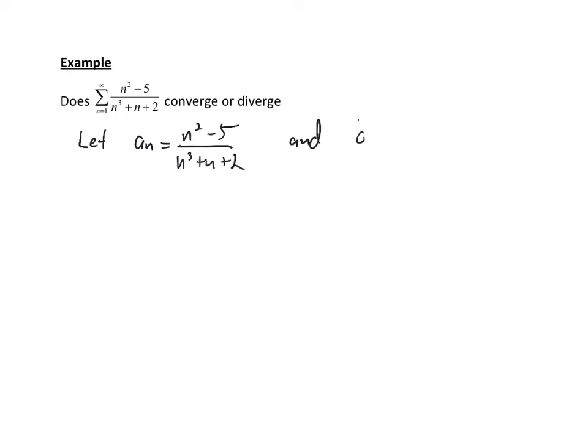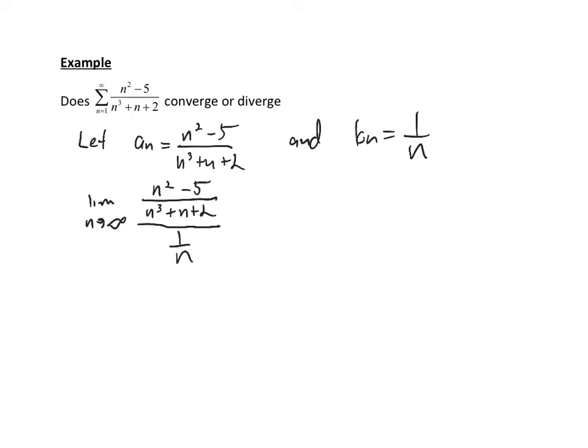And I'm going to let my b sub n be 1 over n, which I know will form a series that diverges. So what we're going to do now is compute the limit as n approaches infinity of the a sub n series divided by the b sub n series.